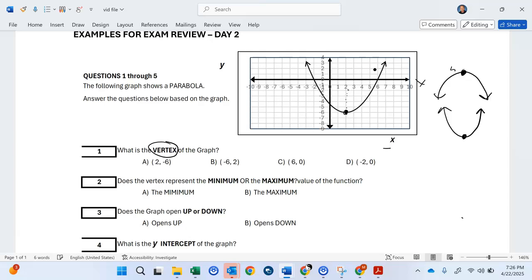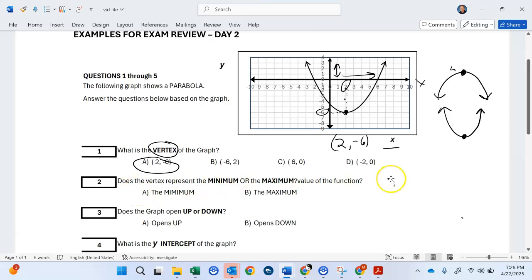The x goes this way, and the y is the up and down value, okay? So this one here is 2 for the x, and the y is right over here, so -6. That is A. So that's how you find the vertex.